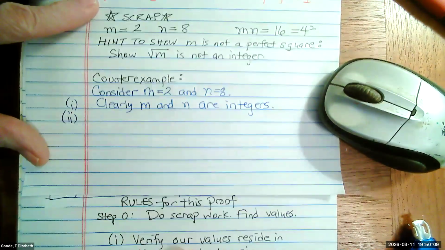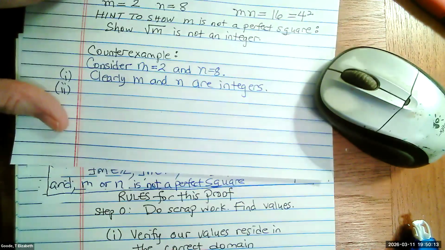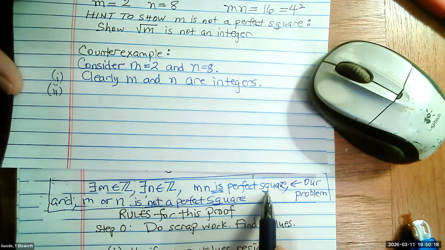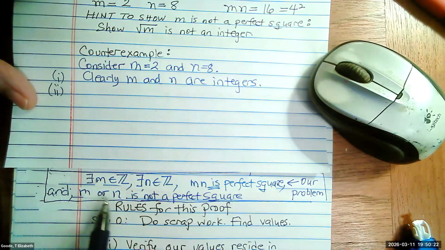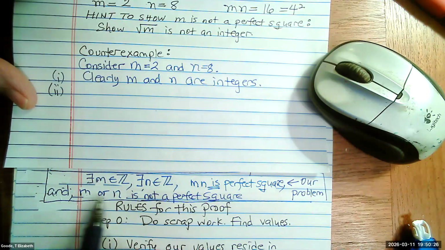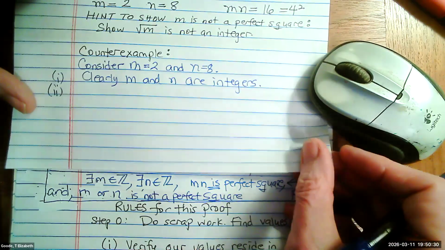And the second part is to verify that MN is a perfect square. And then the other thing we have to do in the second part, to verify P of MN, this predicate, is that either M or N is not a perfect square. And we can use our hint.